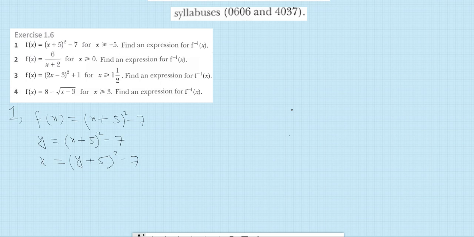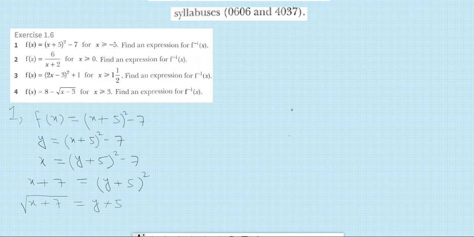So this is minus 7, so we add 7 on the other side. So x plus 7 is equal to (y plus 5) whole square. And this is a square, so when we drop this square, we should put a square root on the other side. So square root of (x plus 7) is equal to y plus 5.